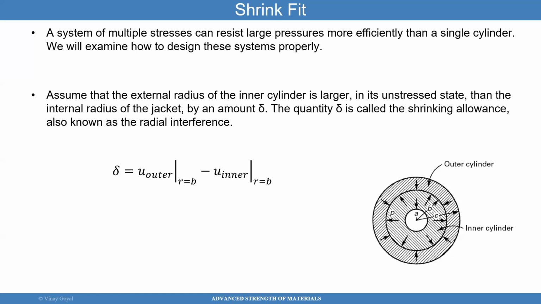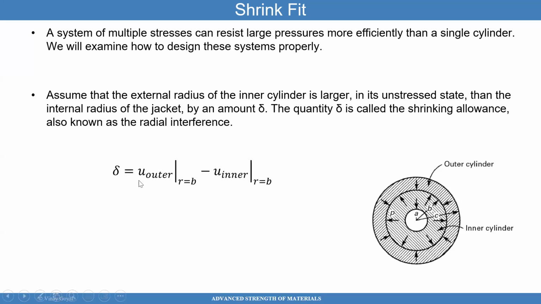You can see how the inner cylinder and outer cylinder are going to be applying pressure to each other. But if the amount delta is too much, it can cause failure of one of these rings. So the point here is how you analyze that.